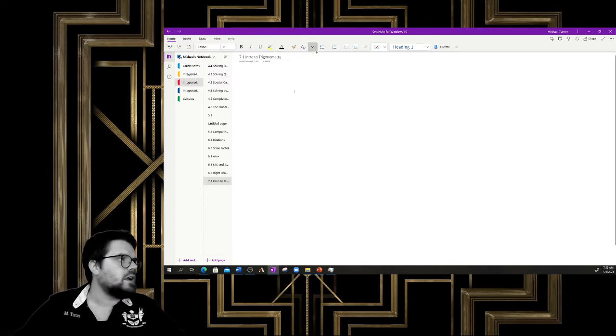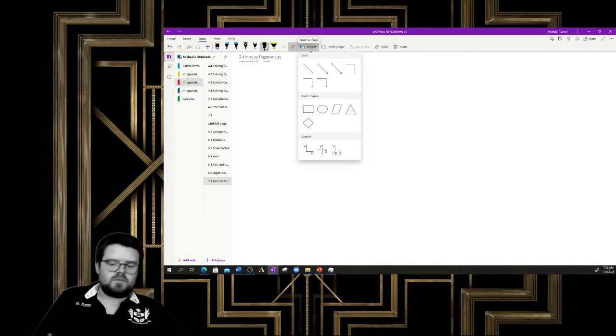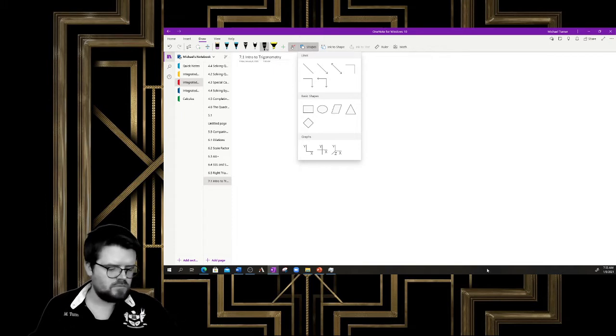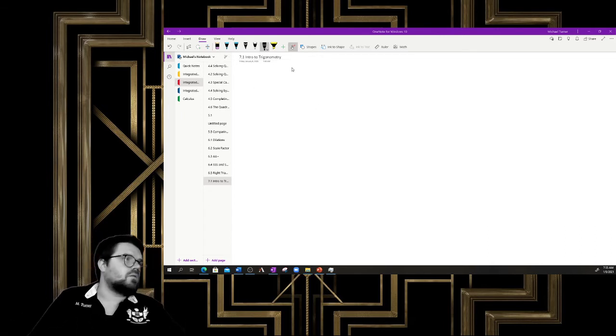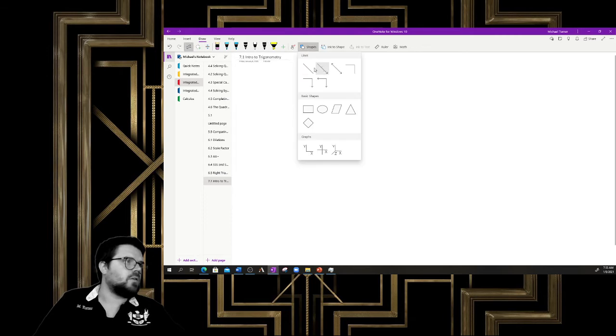So looking at a right triangle, there are ratios that exist between the given sides. Now, ratio, of course, is another word for a fraction. So when I'm looking at a right triangle, we'll just construct one here real quick.